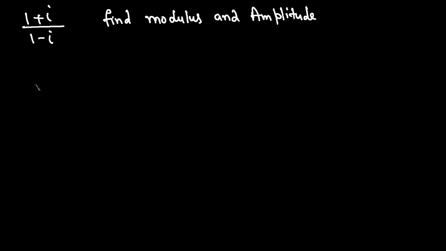So what we need to do? What was the modulus? Remember, if complex number z is equal to a plus i b, then modulus of z is equal to square root of a square plus b square. So first step is we need to convert this complex number into standard format that should look like real part and imaginary part separated like this.